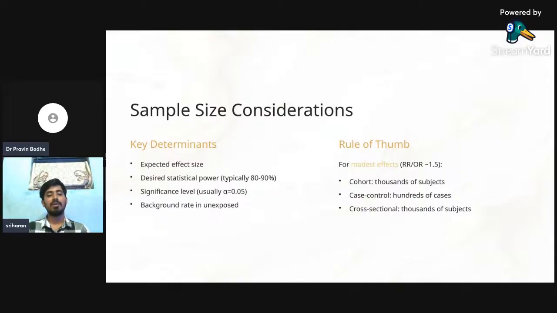Based upon your power, your statistical analysis takes place. The significance level for all studies should be 0.05 alone. Also, while considering sample size, we take the background rate, because in a rare disease the patient requirement is very much important. So background rate is also a key input.